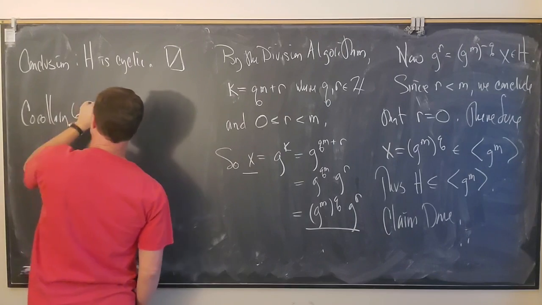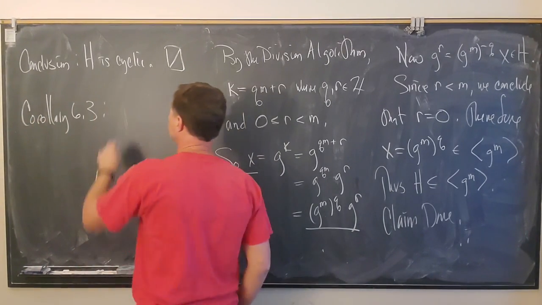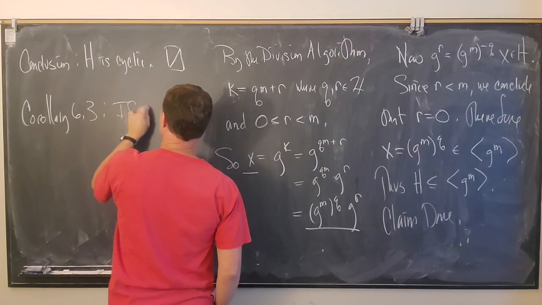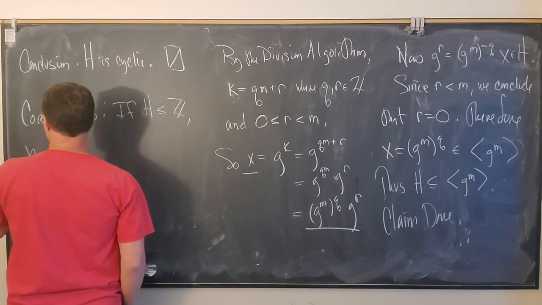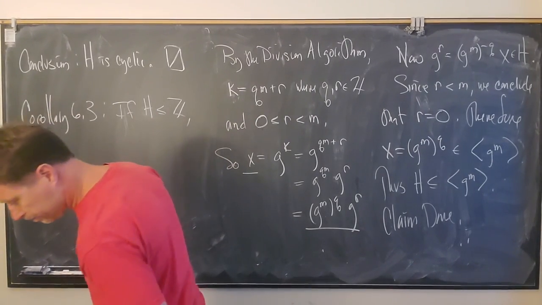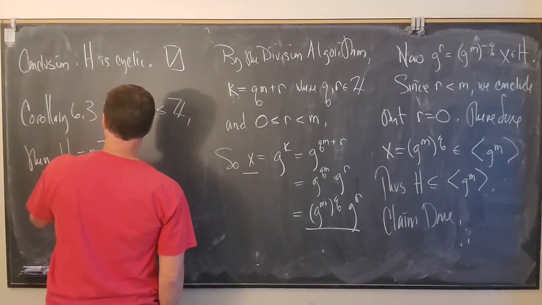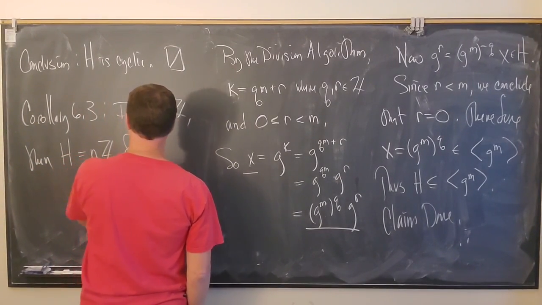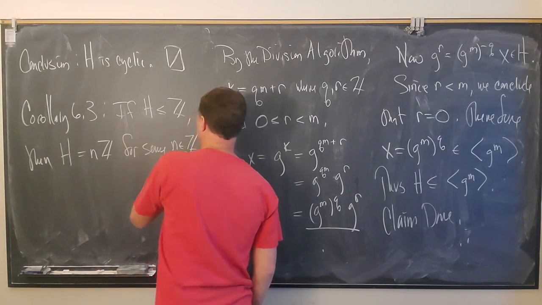So it's corollary 6.3. If H is a subgroup of Z, then H is equal to N times Z for some integer N.